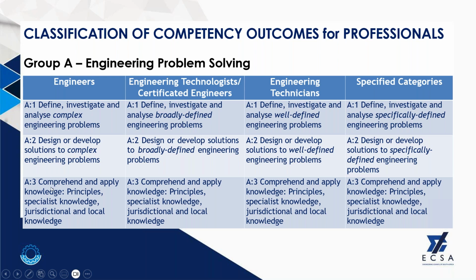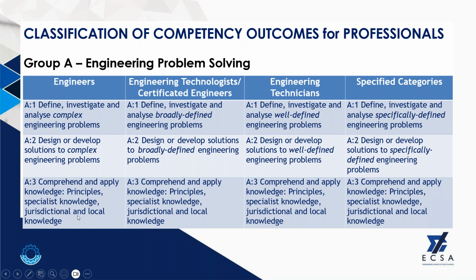And then in terms of comprehend and apply the knowledge of engineering principles, engineering knowledge, as well as the local knowledge, you will need to perform A1, A2, A3 at a level where it's complex.